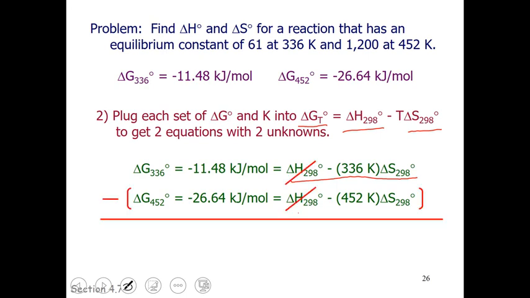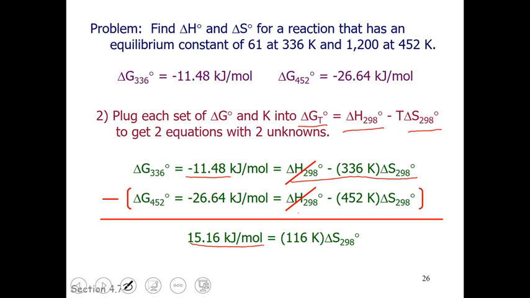Now what I will do is subtract one equation from the other. That means I will have delta H at 298 minus delta H at 298, which cancels out to 0. I will also have minus 11.48 minus a minus 26.64, so that would be a plus 15.16 kilojoules per mole.